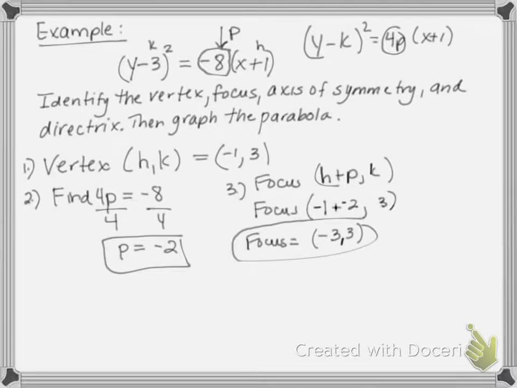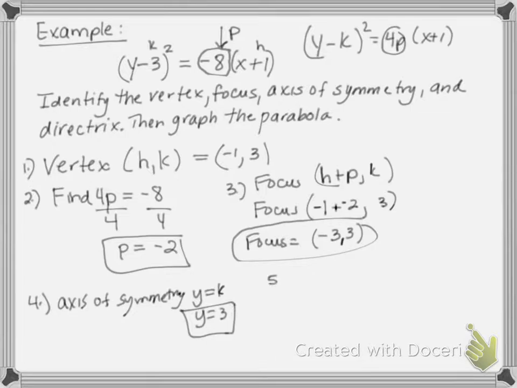All right, then you have to find the axis of symmetry. If you're looking back at the first page, the axis of symmetry is y equals k. And you know that k is 3, so it'll be y equals 3.